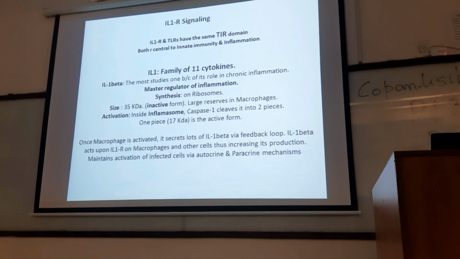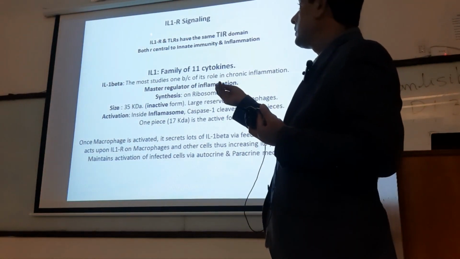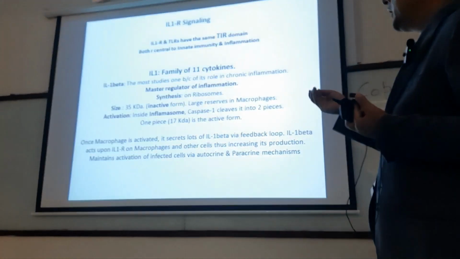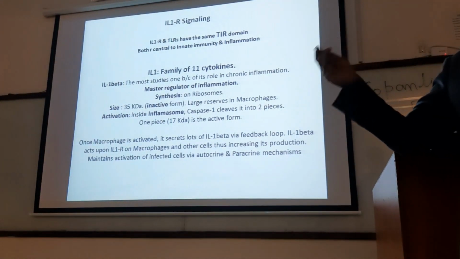When the receptor comes in contact with the pathogen, whether this is a toll-like receptor or interleukin-1 receptor, they have the same TIR domain. They are going to pass the signal the same way, in the same manner.